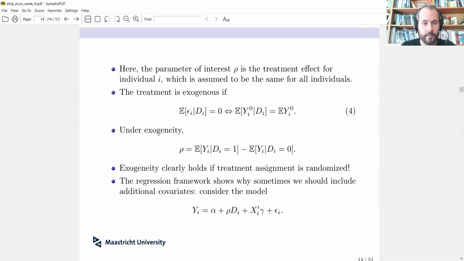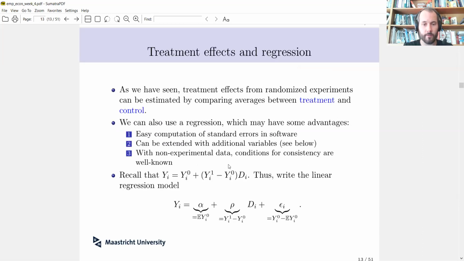Plus, under exogeneity, we can identify our parameter of interest again as simply the average of the observed outcome in the treated group versus the average of the observed outcome in the non-treated group. How to see this? Well, let's say di is equal to 1. What do we get? We get alpha plus rho, and the conditional expectation of epsilon is 0.